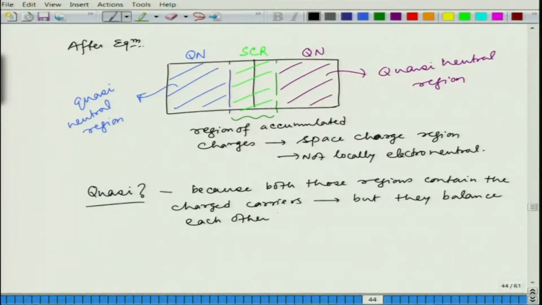That is why it is overall neutral, but on the smaller scale you have charged particles. So, that is why it is called the quasi neutral region.